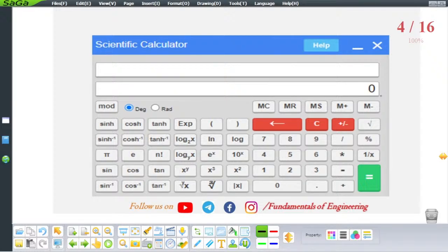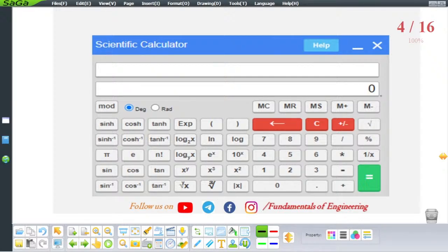Why do they play practice matches? Because the condition of the pitch and the environment should be familiar to us when we play the series. That's why they do the practice session. We have to use this same technique when preparing for the GATE exam.